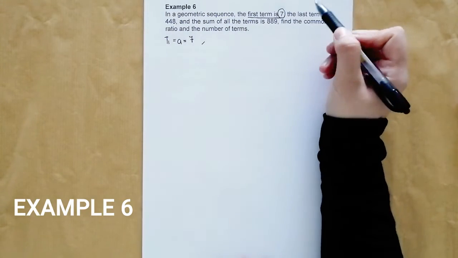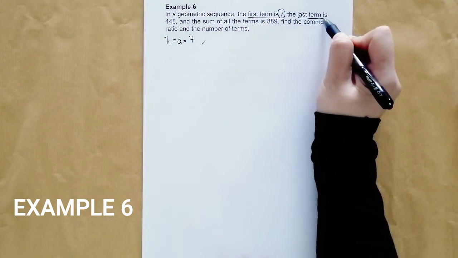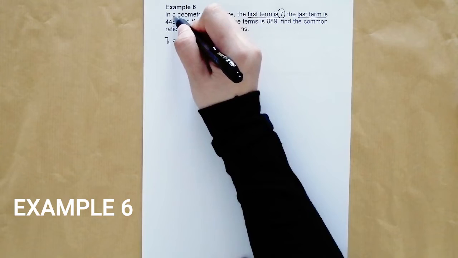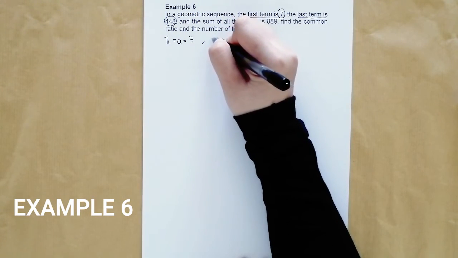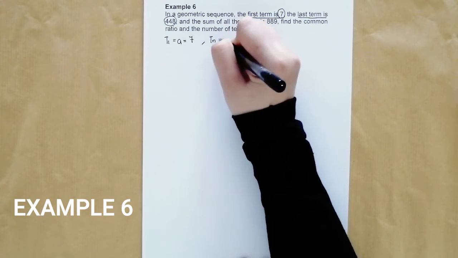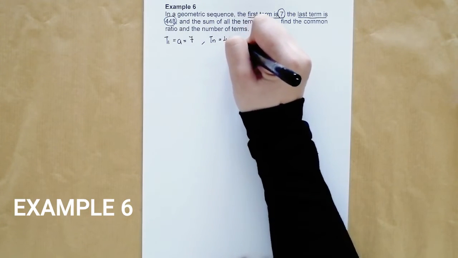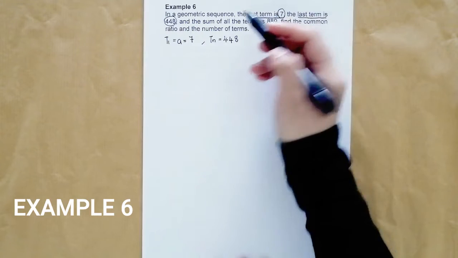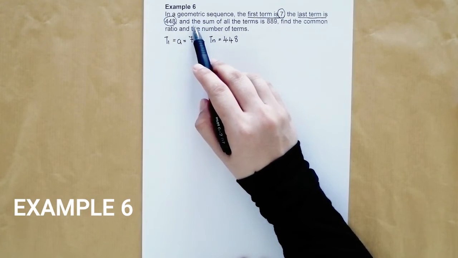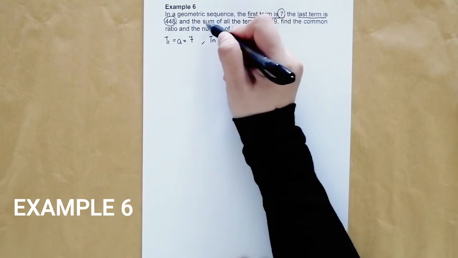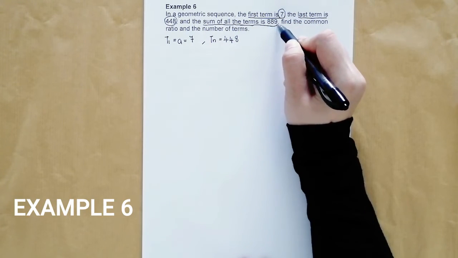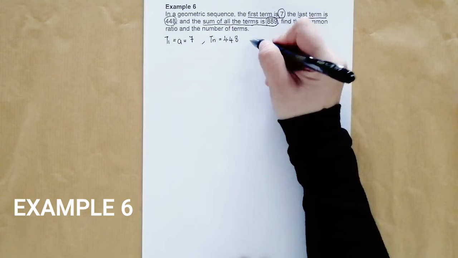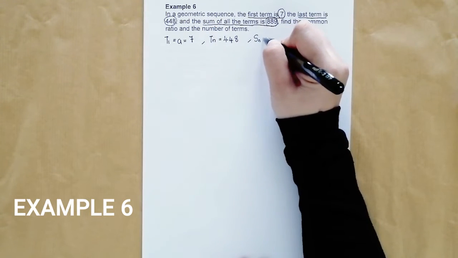The second information is the last term is 448, so we have Tn equal to 448. And the third information is the sum of all the terms is 889. So Sn equal to 889.